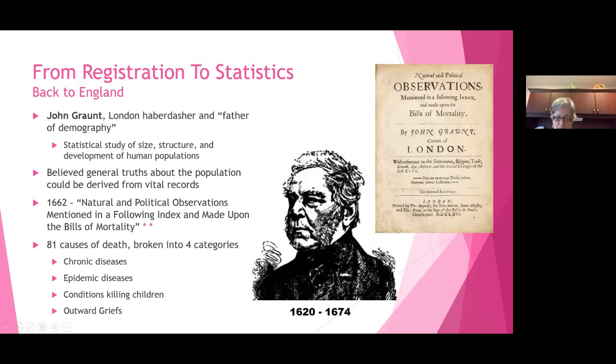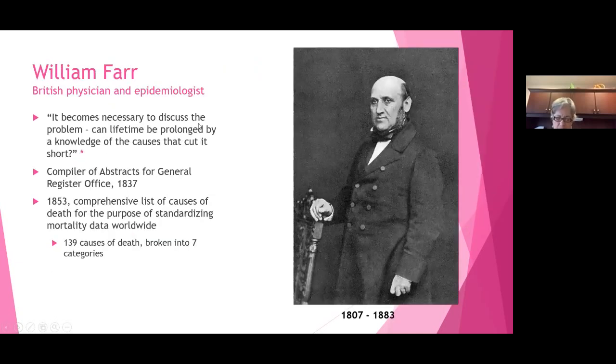And he was followed by, well, a bit later, over 100 years later, William Farr, who was a British physician and epidemiologist. He asked the question, "It becomes necessary to discuss the problem, can lifetime be prolonged by a knowledge of the causes that cut it short?"